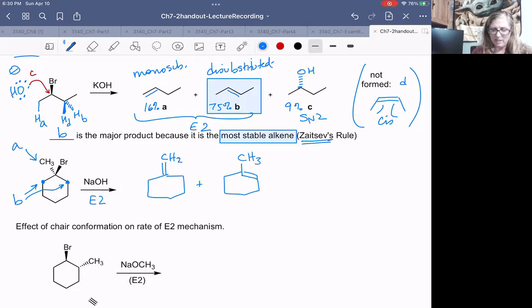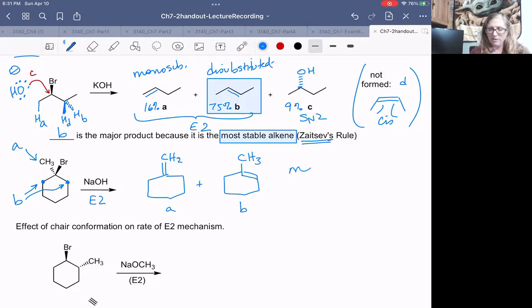So hopefully you could see, this is A and this is B. Hopefully you could see that if I did a pancake flip on compound B and put the double bond on the other side, that would be the exact same product. So that's why we're saying these are equivalent protons, and they would both lead to the same product. Okay, so those are the two possible products.